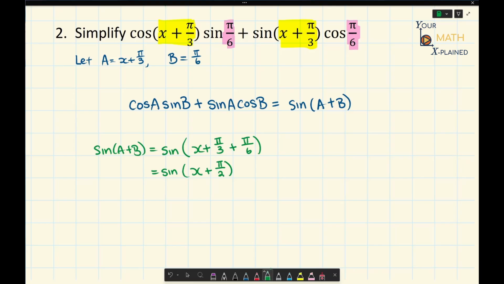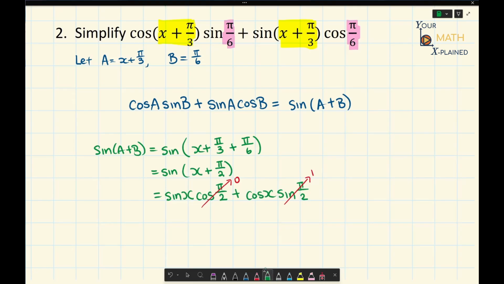And now it's time for us to use our sum identity again to split this up. So we get this is equal to sine x times cosine of pi over 2 plus cos x times sine of pi over 2. Now cosine of pi over 2 is just equal to 0, and sine of pi over 2 is equal to 1.